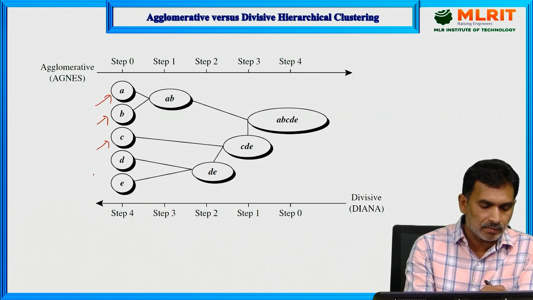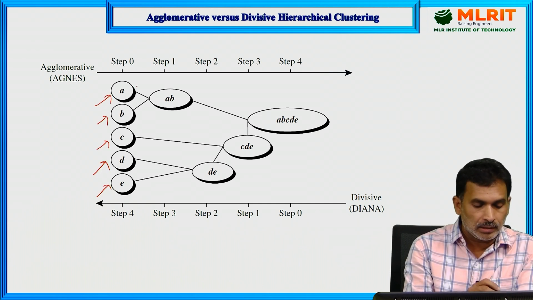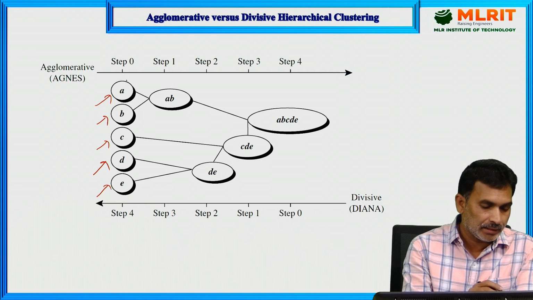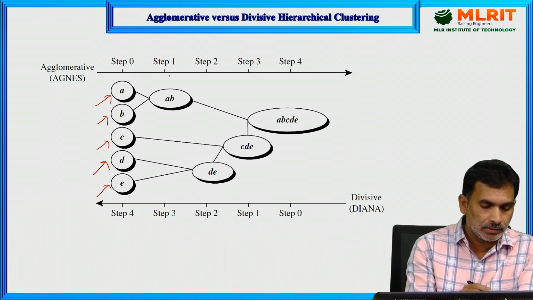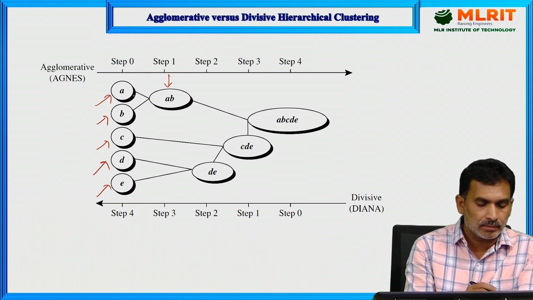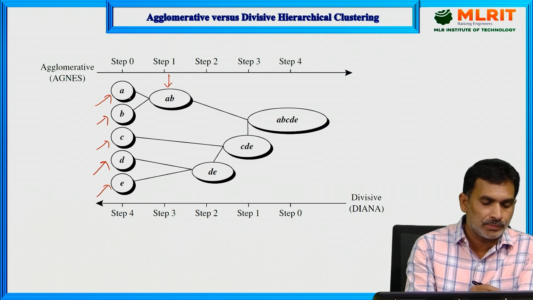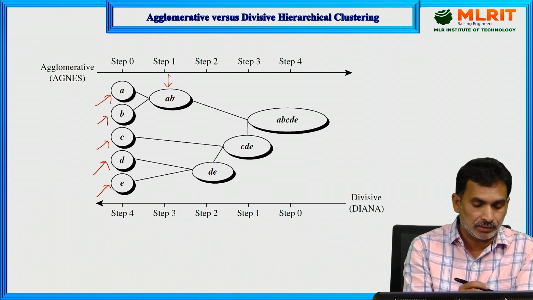There are 5 objects, so each object is one cluster initially, at step 0. Next, similar objects are merged: the objects from clusters A and B are combined in the second step.